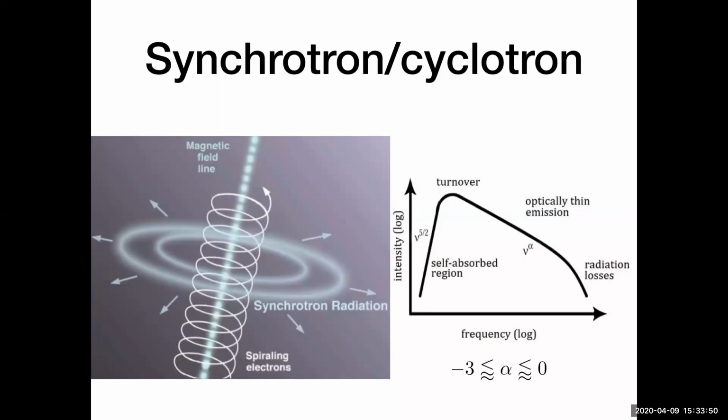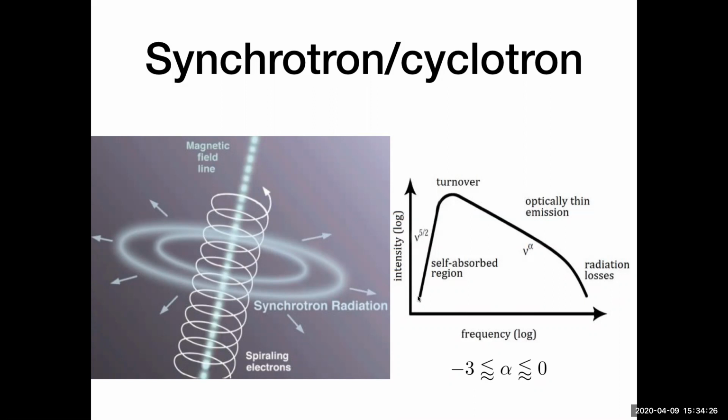And the spectrum of synchrotron radiation is vaguely similar to the free-free emission. You have some high frequency tail, at which point you stop having enough energy in your electron population. There's this intermediate region, the optically thin regime, that follows a power law. And then in the low frequency regime, you get a sort of optically thick or self-absorbed regime.